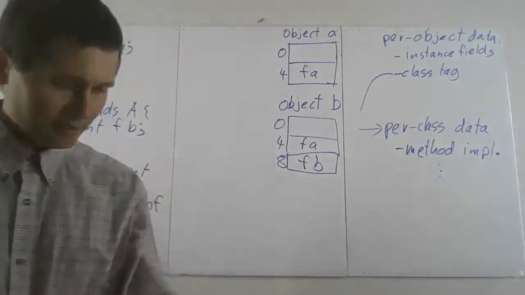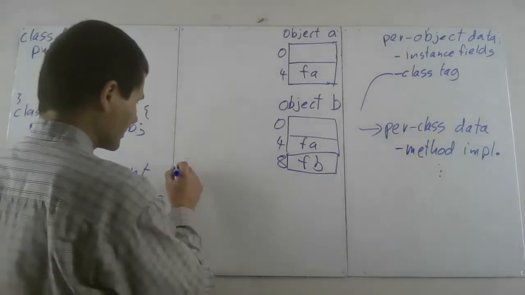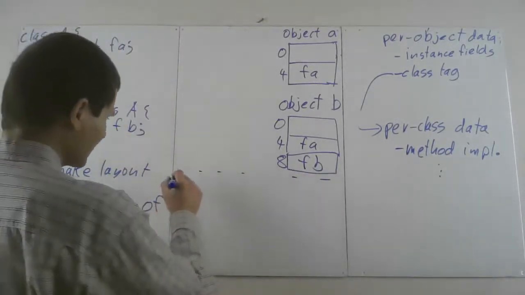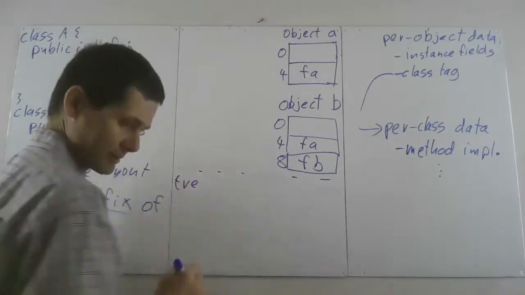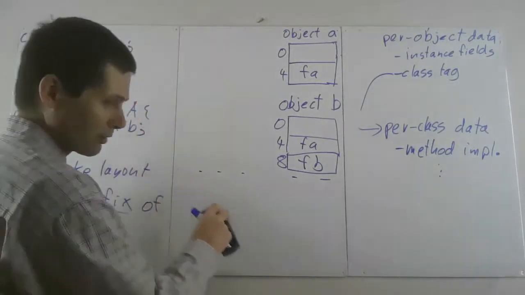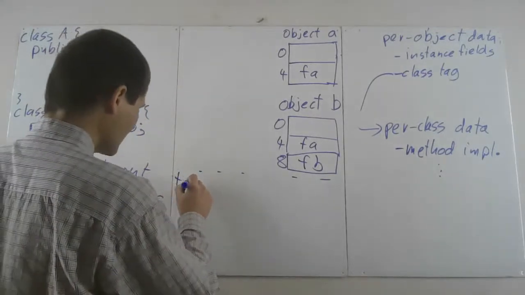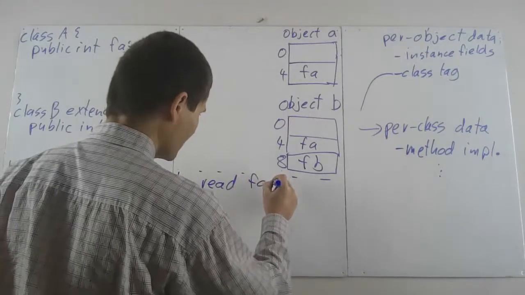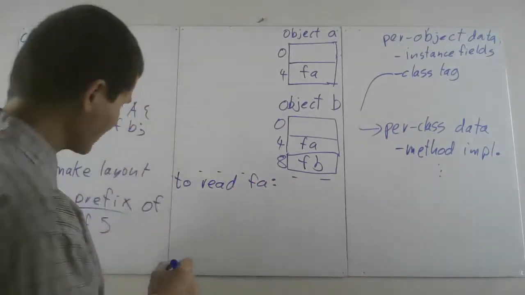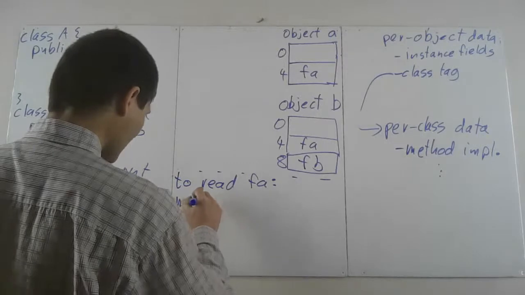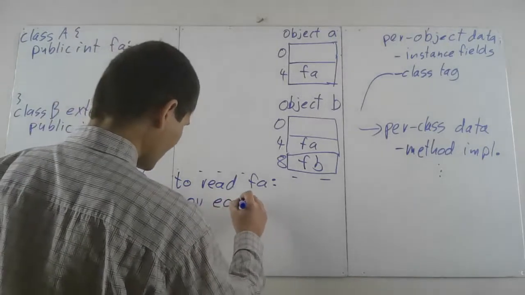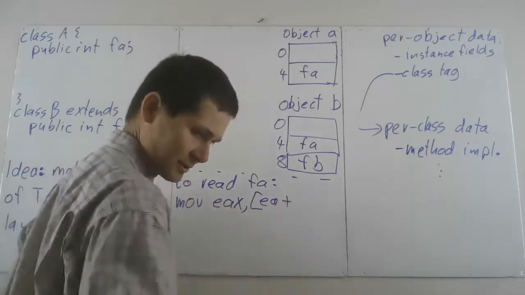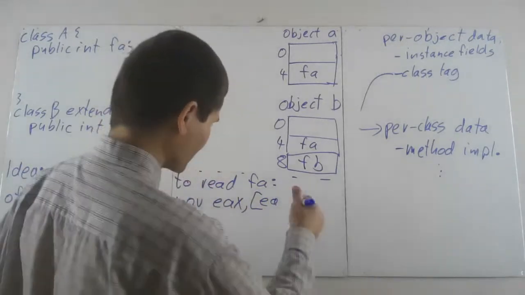Because I have this kind of layout, what code can I generate to read field FA? I just need a move instruction: into EAX, I move the dereference of EAX plus 4.